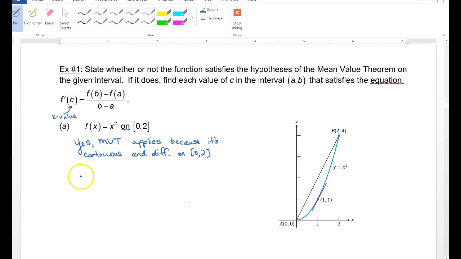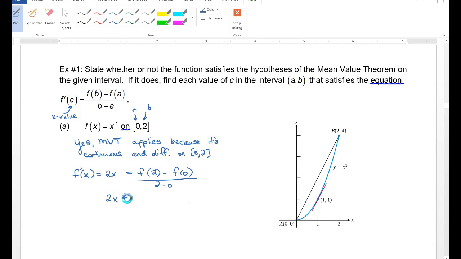So we want to set f prime of x, which is, what's f prime of x? 2x. We want to set this equal to f of 2 minus f of 0 over 2 minus 0. Here's our a and our b.